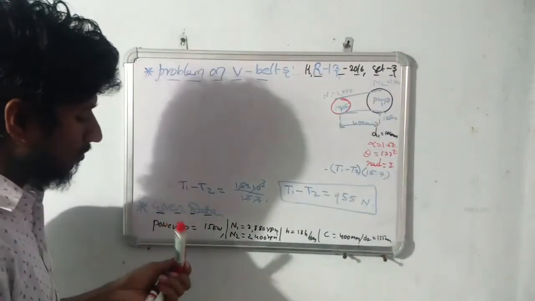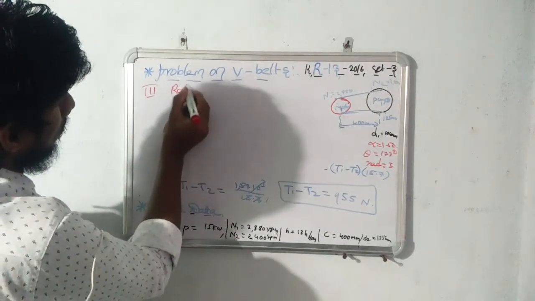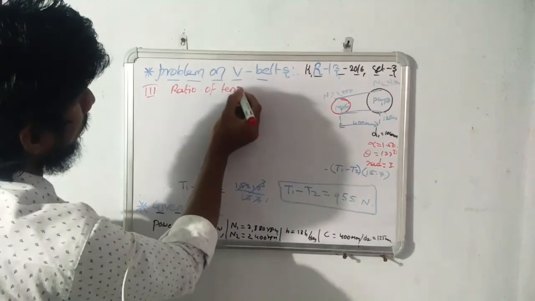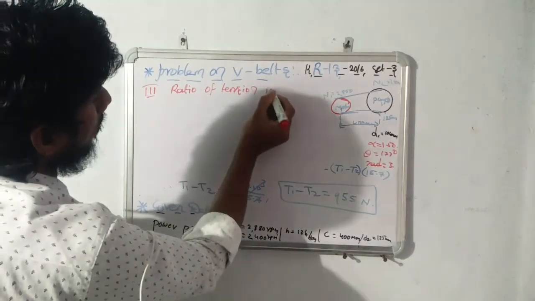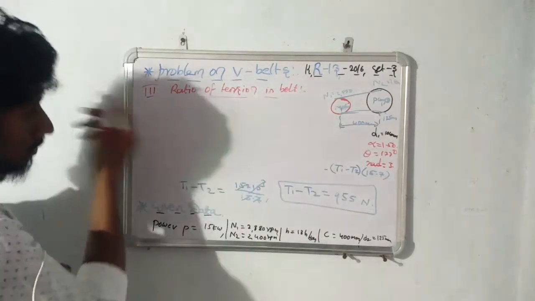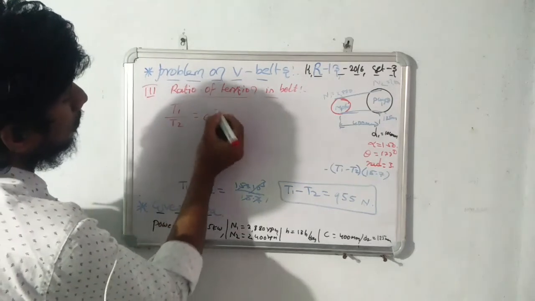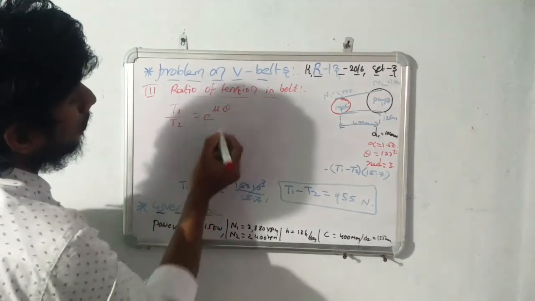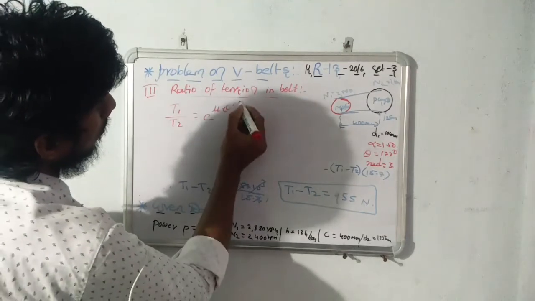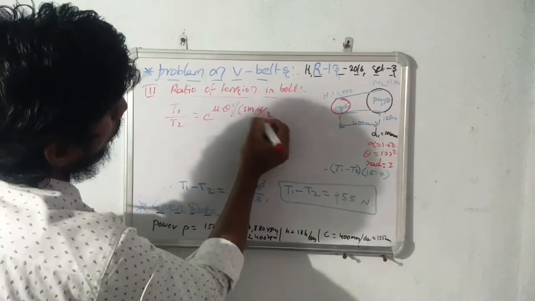That is the ratio of tension in the belt. The ratio of tension in the belt is T1 by T2, equal to e power mu into theta dash, divided by sin alpha by 2.